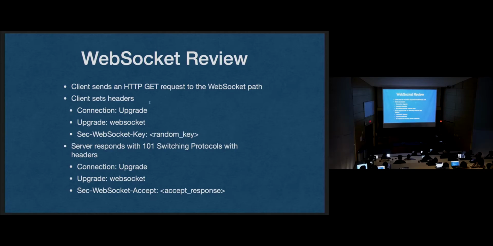To establish a WebSocket connection, we're going to get an HTTP GET request with these three headers: connection upgrade, upgrade WebSocket, and the most important one, WebSocket key. The first two, I hate saying this, but you can pretty much ignore.